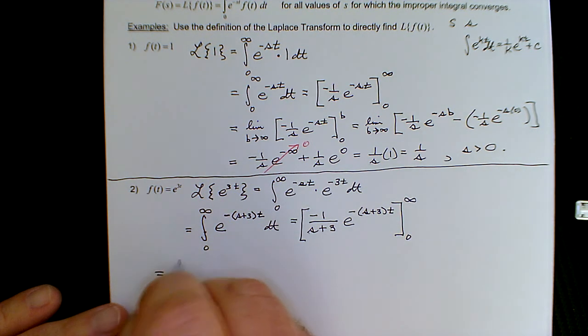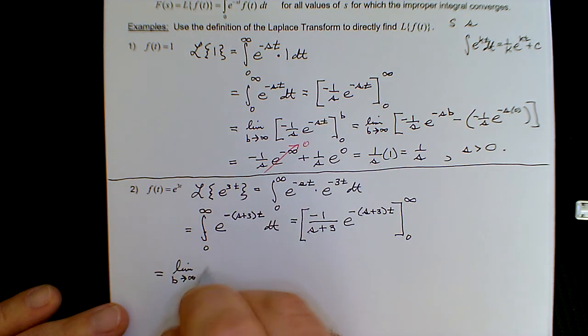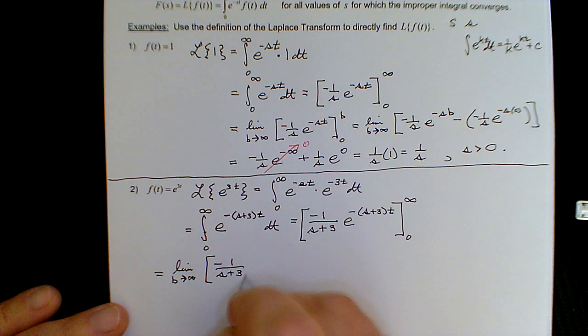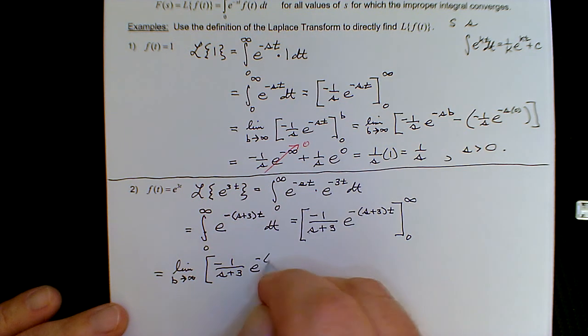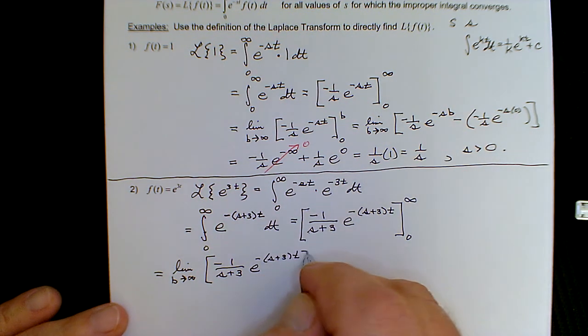Now we'll introduce the limit. So the limit as b goes to infinity of, you could actually skip a step here, but I'm going to show this. If you wanted to, I'm just introducing the limit at this point.